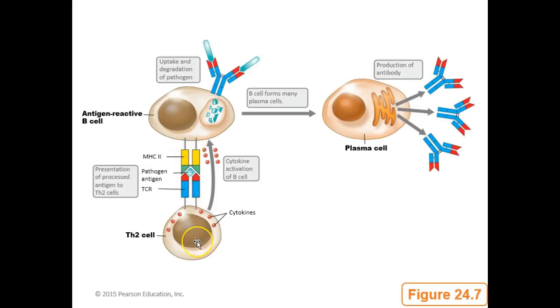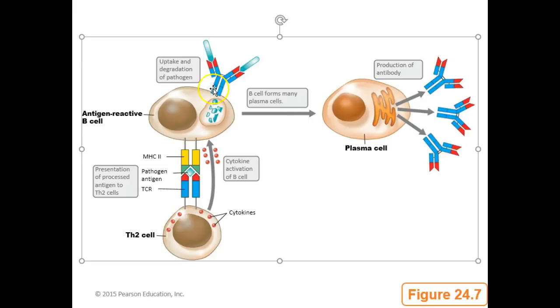A signal gets transduced into the cell, and then a different subset of cytokines are released to act upon the antigen-presenting cell. In this case, we're not stimulating a macrophage to clone itself and induce more inflammation. We're stimulating a B cell to transform itself, clone itself into so-called plasma cells that make soluble versions of this B cell receptor called antibodies. These antibodies get released out into the lymph and then the blood, and wherever they run into this foreign material, they stick to it.